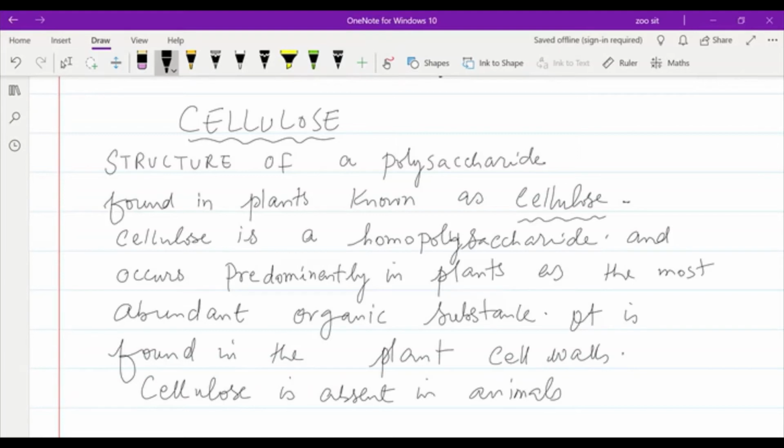However, there is a group of animals called Urochordata.